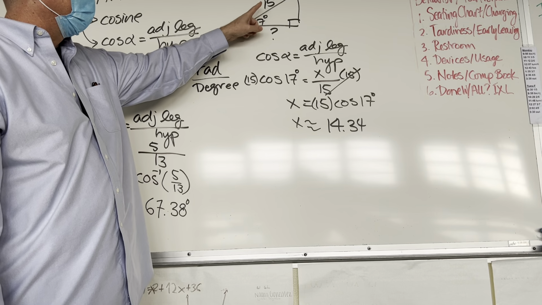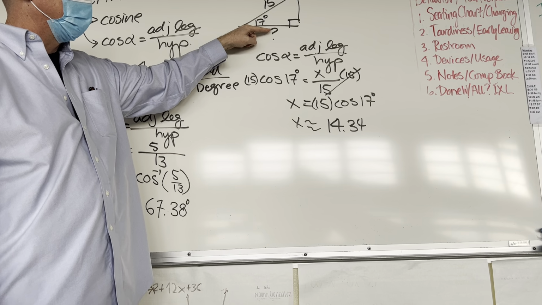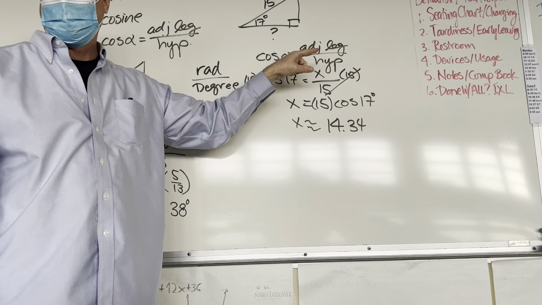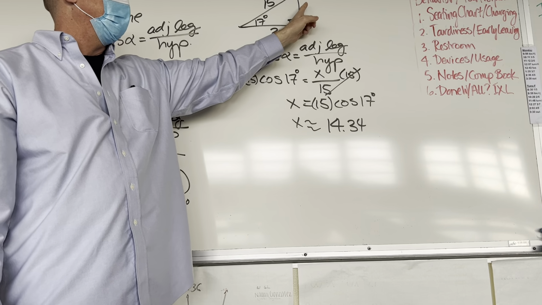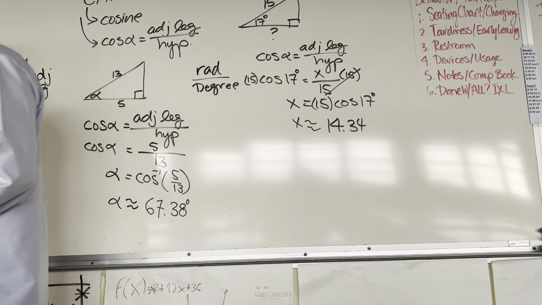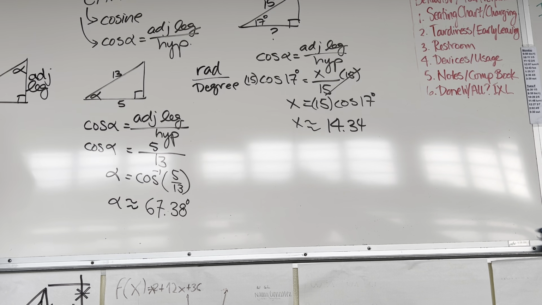Because the reference angle had a hypotenuse and an adjacent side, we knew it was cosine. If we had been given this angle, a hypotenuse, and an opposite side, it would have had to have been sine. So just be forewarned, we're coming up on a place where you'll have to discern which trig function to use, and that's a whole new level of difficulty I want you to keep in your mind. That's going to be a new challenge, all right?